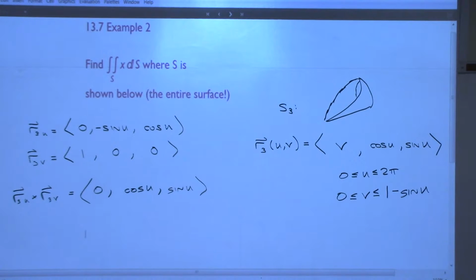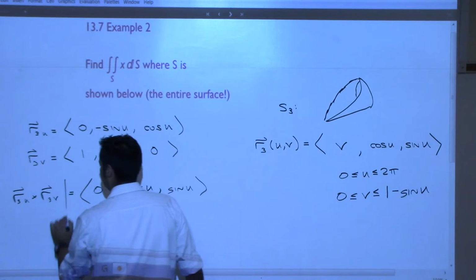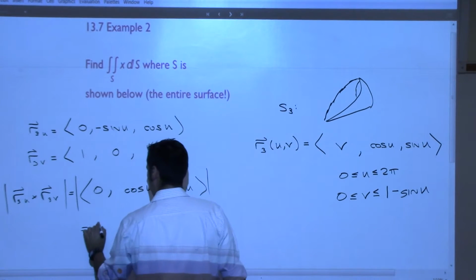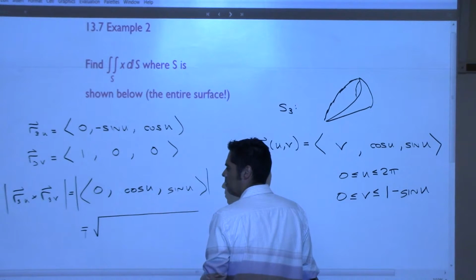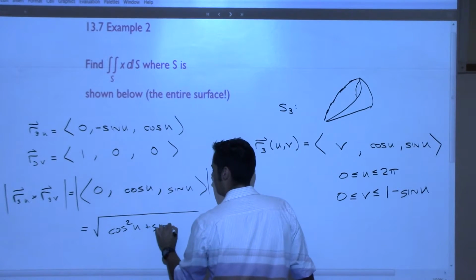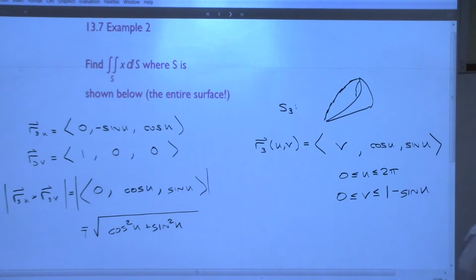Is that going to be 1? Magnitude? Root cosine squared u plus sine squared u.